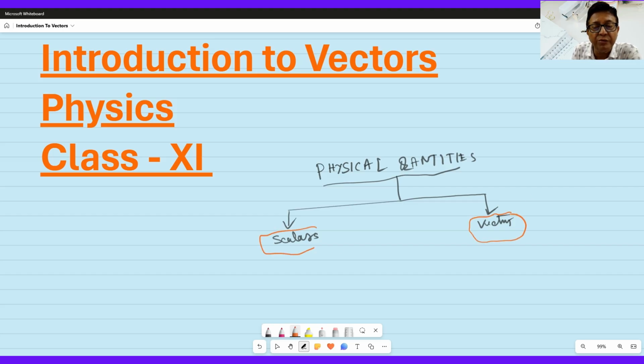Scalar quantities you know. Scalar quantities have magnitude only.